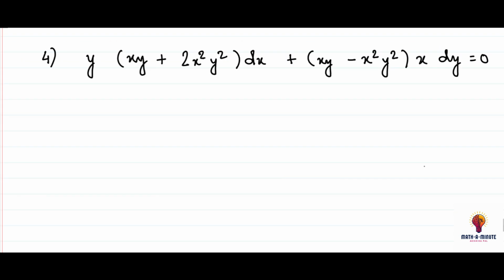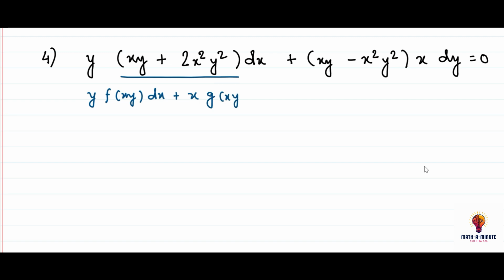Now try to understand this rule 4 with an example. Here, if you check the differential equation and compare it, y is multiplied by one function of xy, each and every term can be written as a function of xy dx plus x into another function of xy.